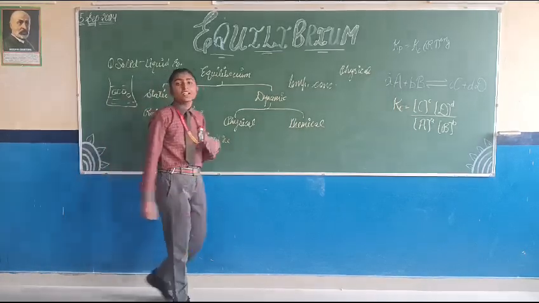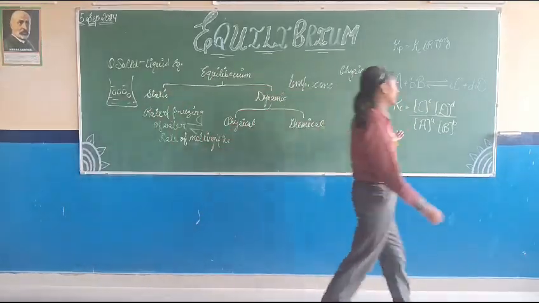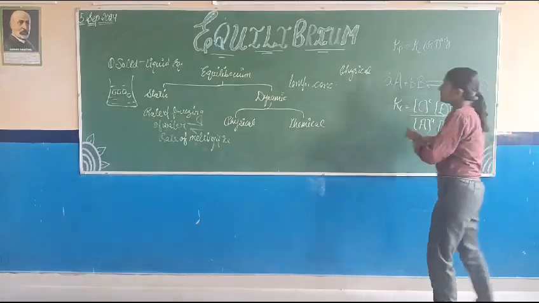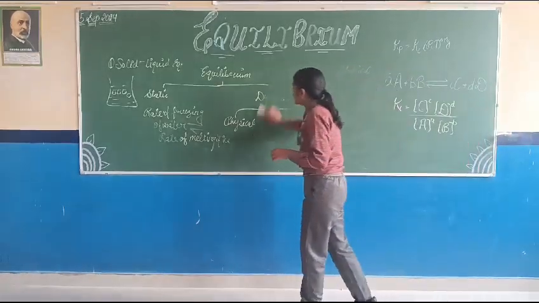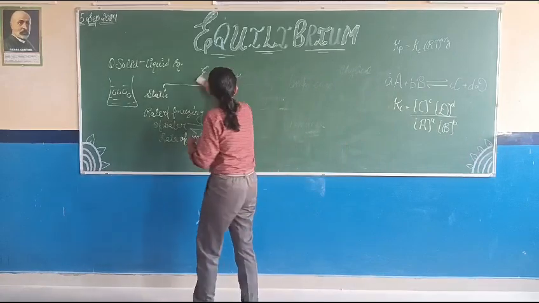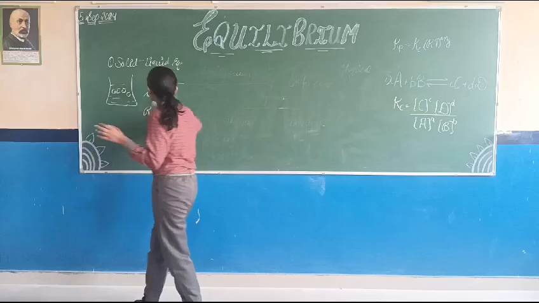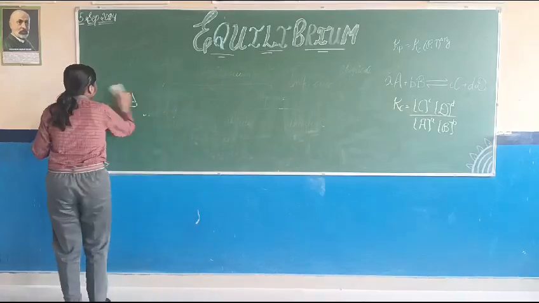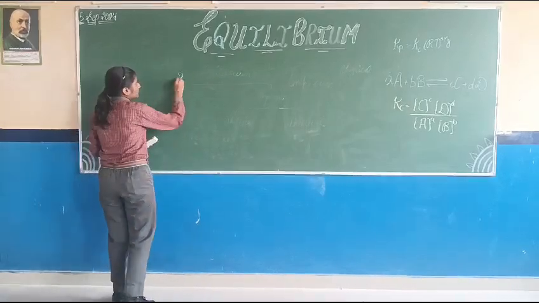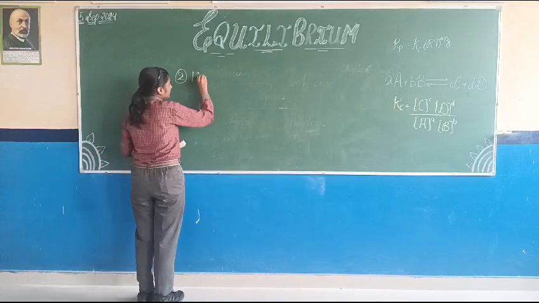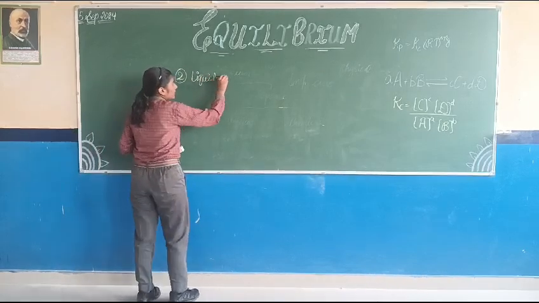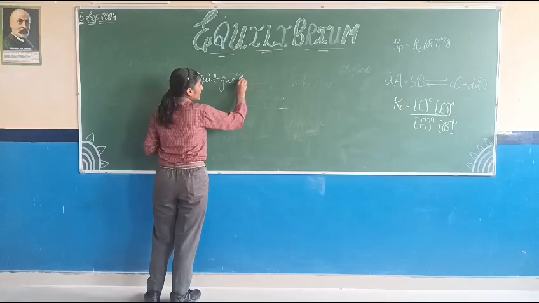Next one is liquid-gas equilibrium. In this, we will take the example of water and a U-tube mercury manometer.